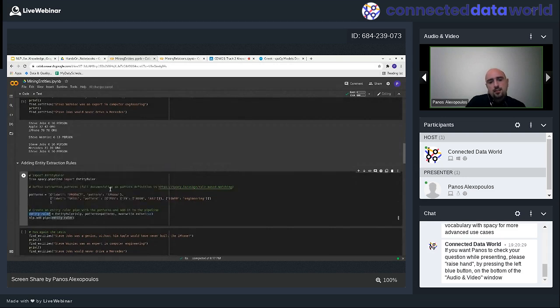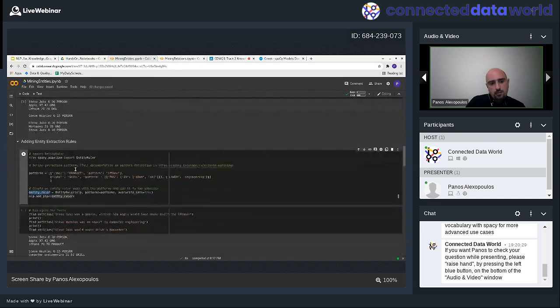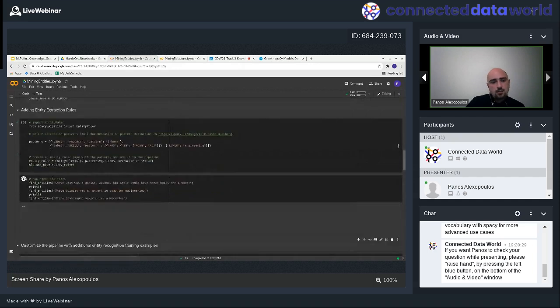So we're creating this component here, which has only these two rules in this case, and we add it in the pipe. So then, after we do this, we can rerun the find entities with the model that we have, because now it has been added in the model. And now you can see that iPhone has been identified as a product and computer engineering has been identified as a skill.